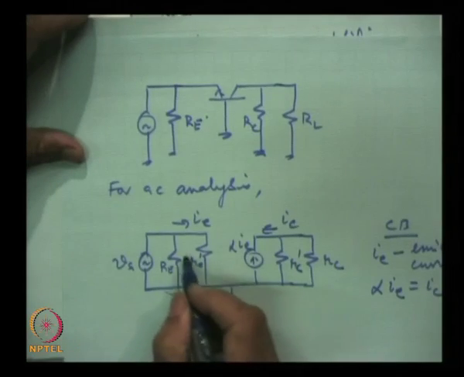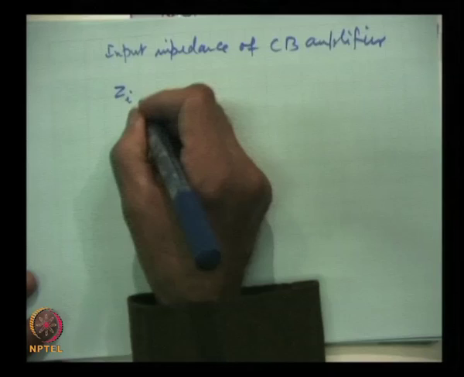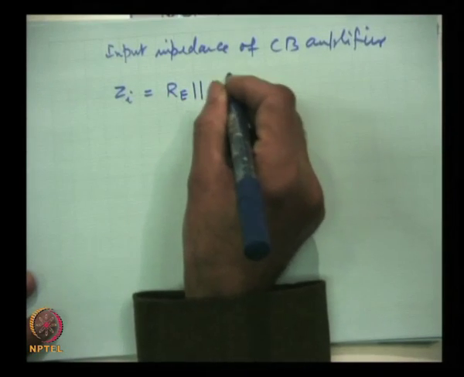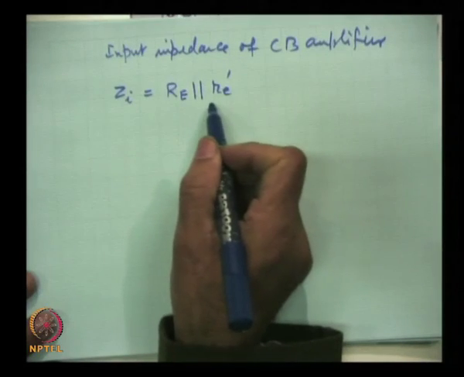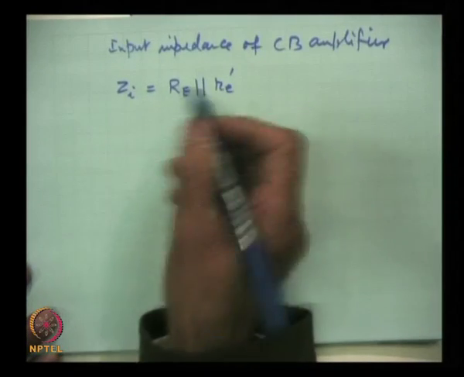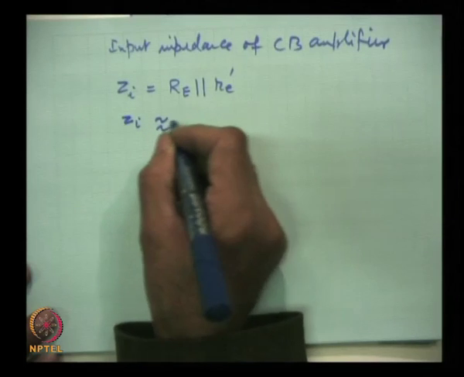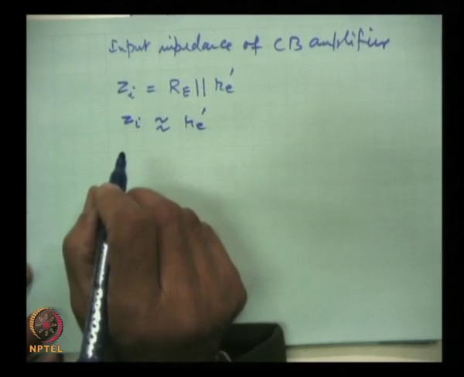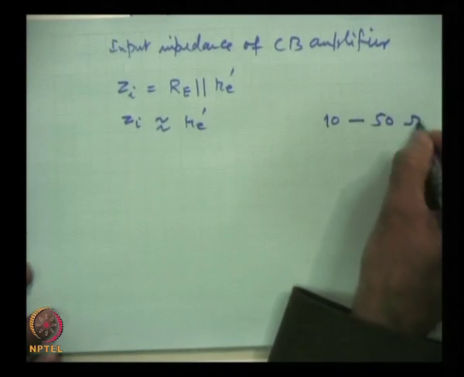So, Zi is simply equal to Re in parallel with Re prime, and again with two resistances in parallel, the smaller one will be the real value, which will be very close to this. Hence, Zi is equal to Re prime. Re prime is very small, as we have been telling, normally 10 to 50 ohms.